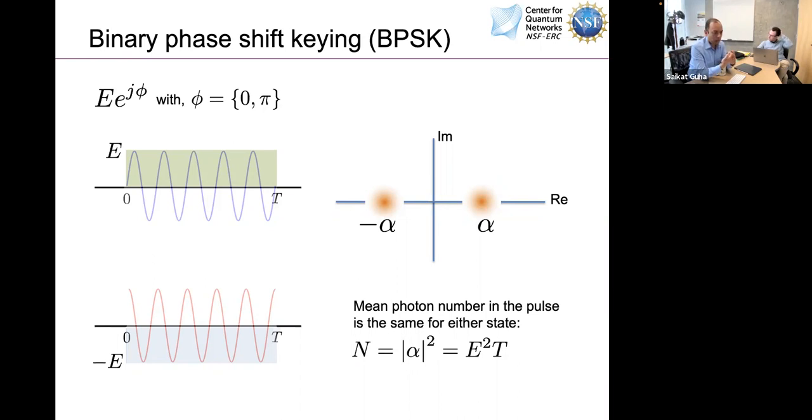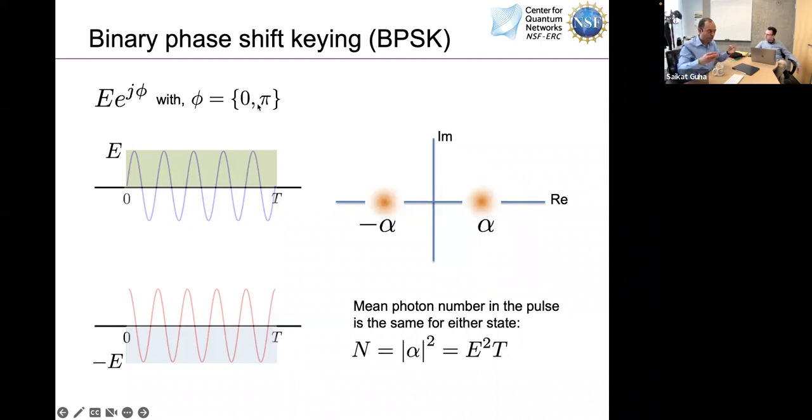You get the stream of zeros and ones at the output of your error correction encoder. I'm going to modulate the zeros with a laser pulse with mean photon number n, and modulate the ones with another laser pulse with the same mean photon number but with an opposite phase. Remember when I said a complex number has an amplitude and a phase, this phi is the one I'm changing from 0 to pi.